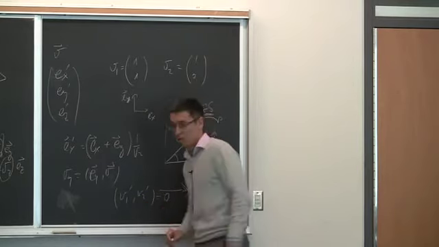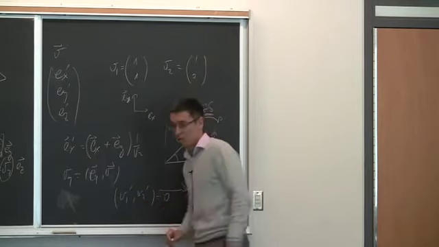Now, the way to get this: v2 looks like a good start as a basis vector, so we just form v2 prime to be just v2.